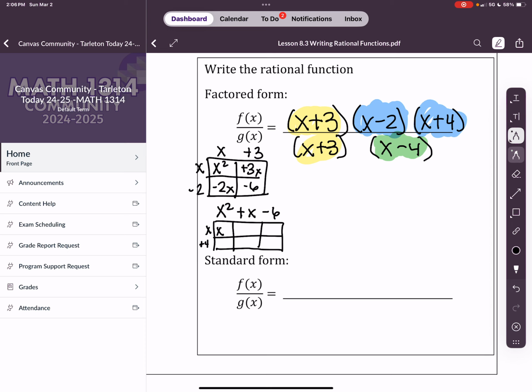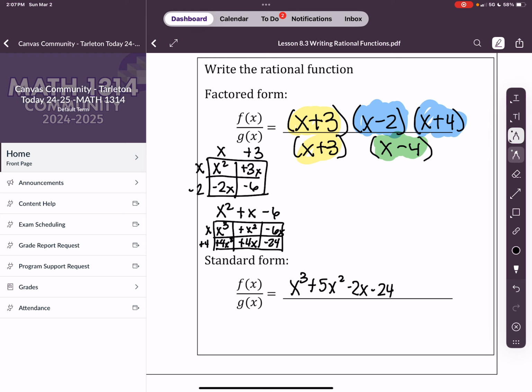So we get x cubed plus x squared minus 6x plus 4x squared plus 4x minus 24. Let me check myself. Yep. All right, so my numerator is going to be x cubed plus 5x squared minus 2x minus 24.